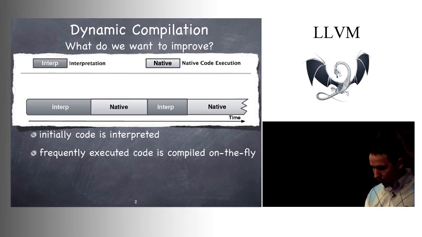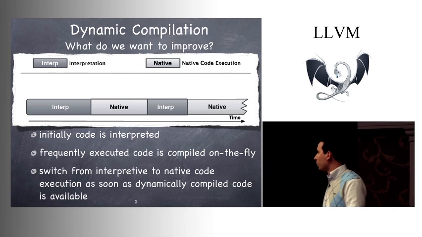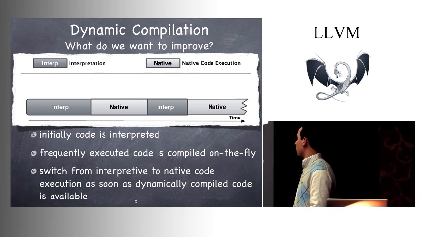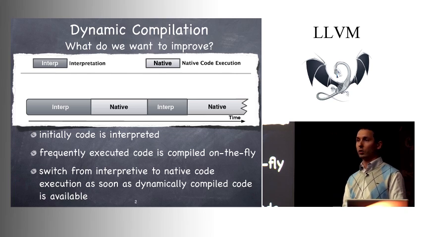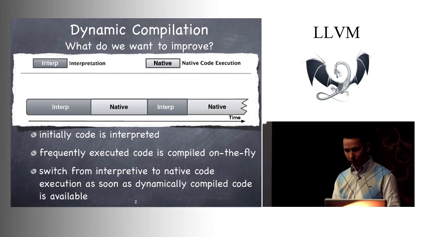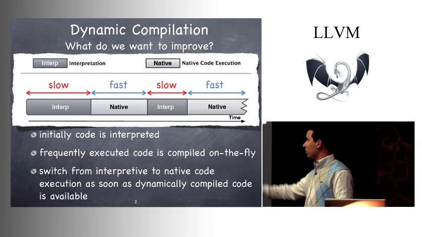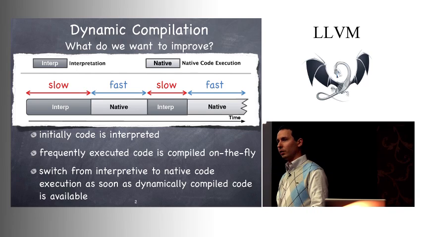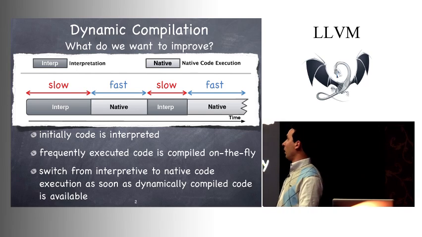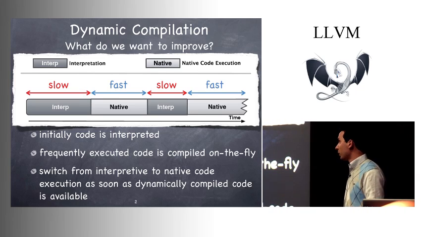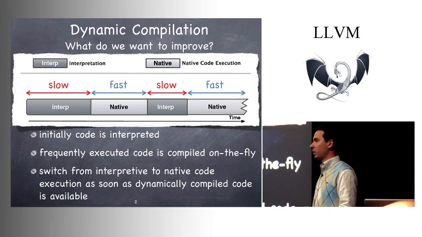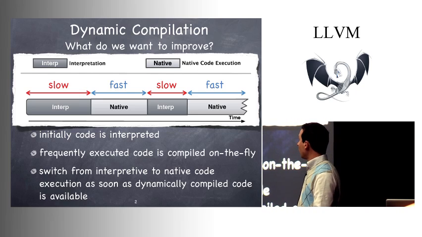Once it's compiled, we can switch from interpretive to native code execution as soon as dynamically compiled code is available. As we all know, this interpretive bit at the beginning is slow, and the natively highly optimized code that we generate at runtime is fast, somewhere around a factor of 10 difference.